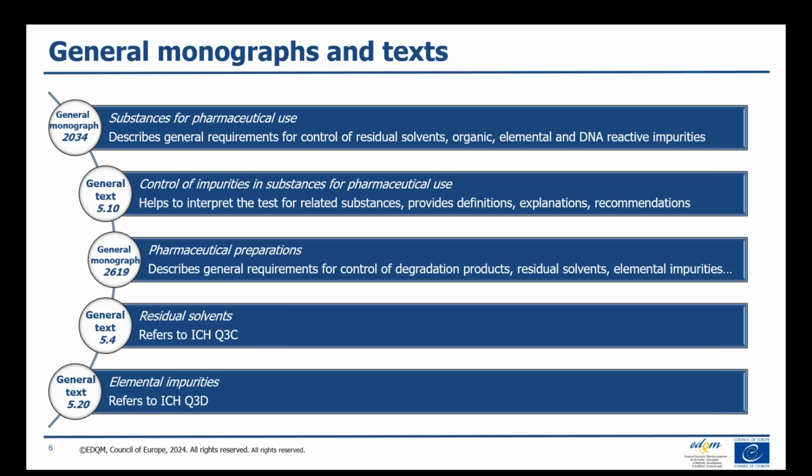And then for the elemental impurities, we have the general text 5.20, which is not a reproduction of ICH Q3D, but in fact, it describes the general concept of these ICH guidelines, and it also makes it legally binding.